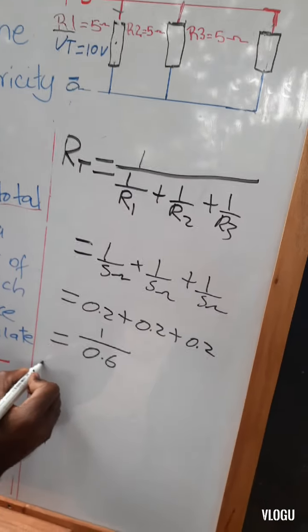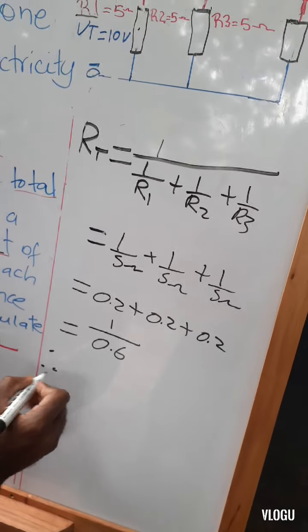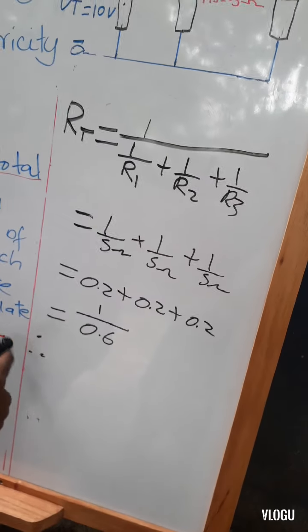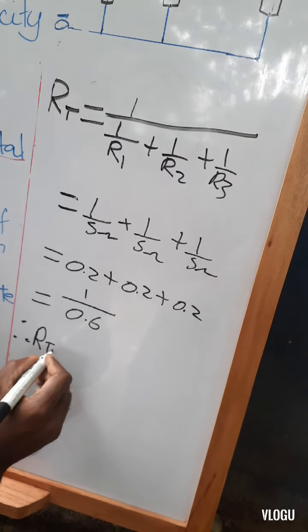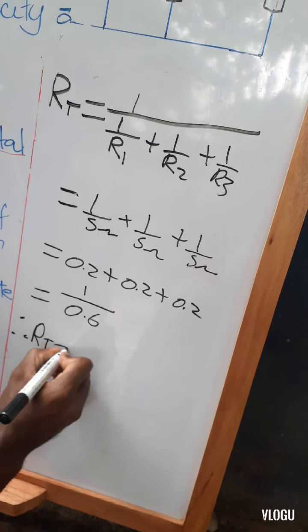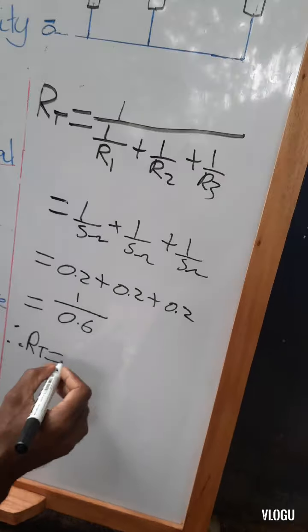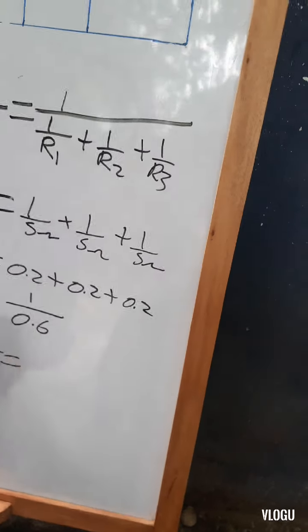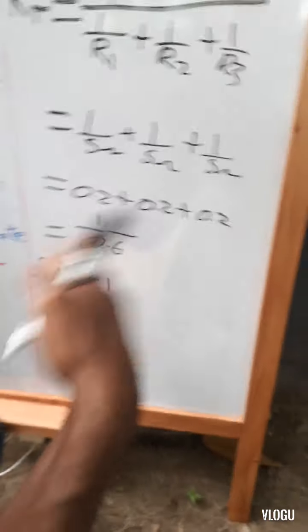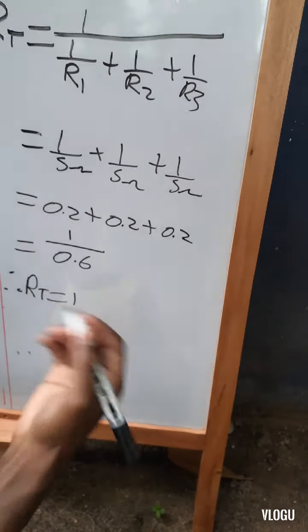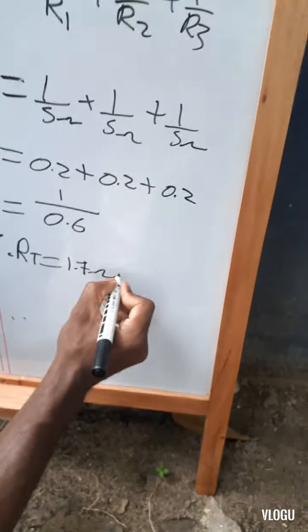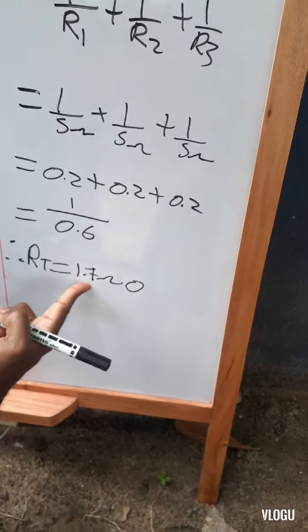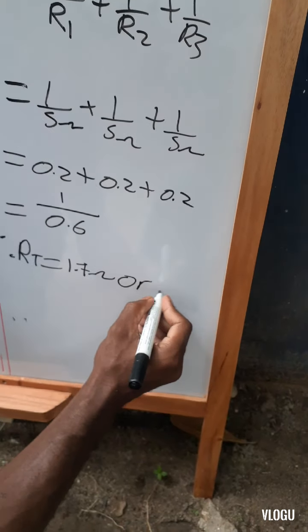We put the symbol, the three dots in a triangle, which means therefore, RT, the total resistance, is equal to 1.666. You're going to see a lot of sixes, but we can round that off to 1.7 ohms, or if you want to get rid of the decimal, 2 ohms.